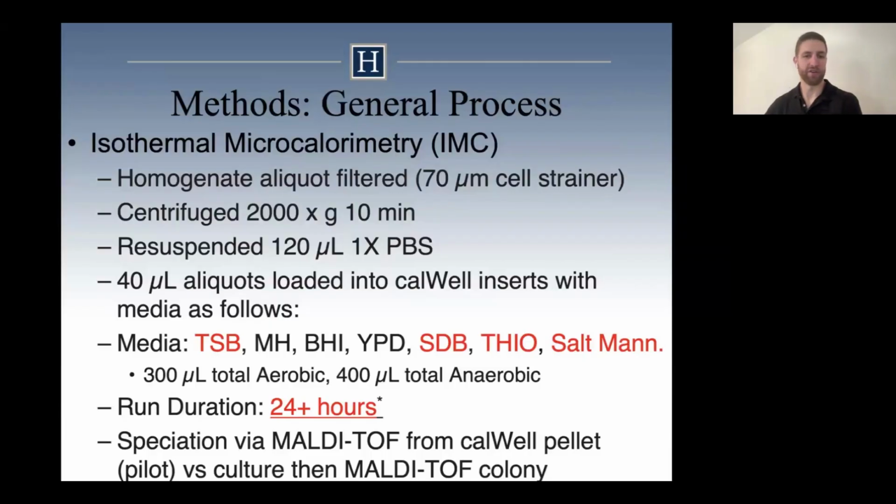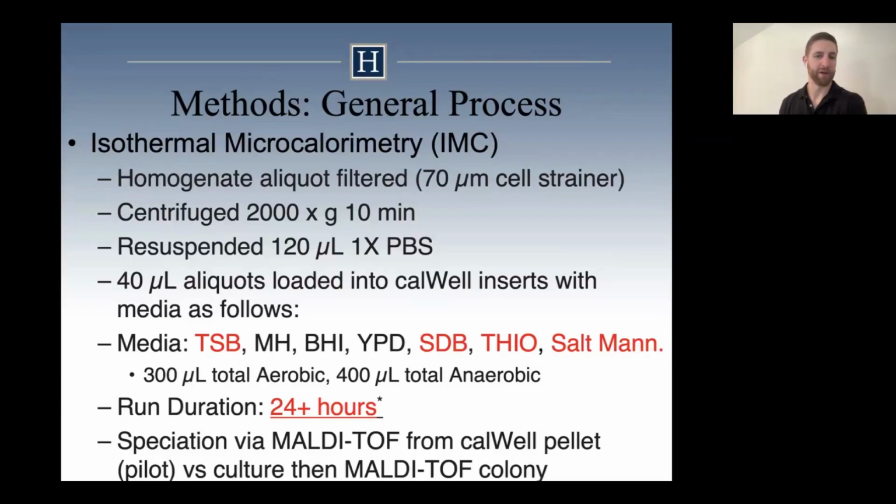And so we extended that run duration and eventually started running it for a minimum of 4 to 5 days to further evaluate the optimal duration of the runtime. So a minimum of 24 hours. We've run it as long as, I believe, 6 or 7 days, just again to see if we would start having false positives or things like that.